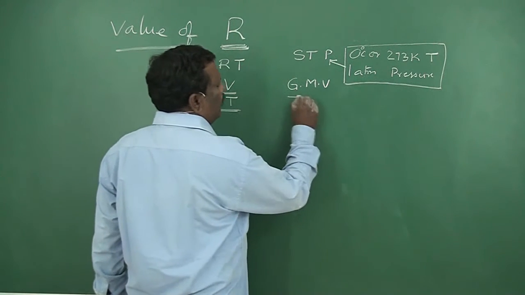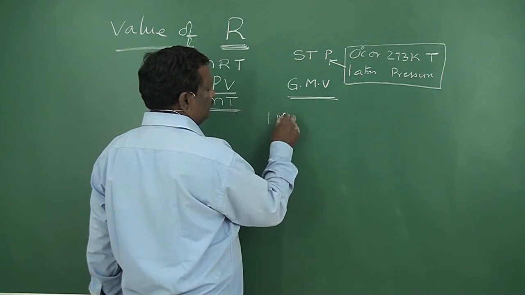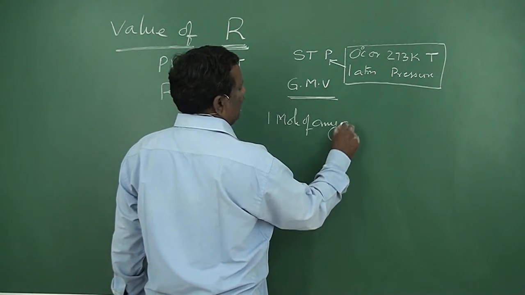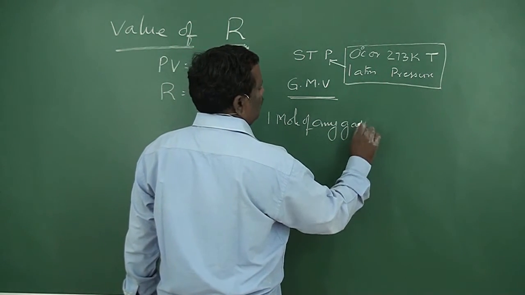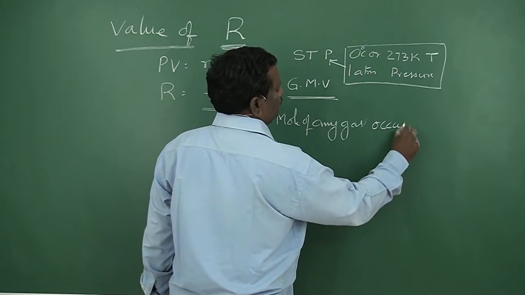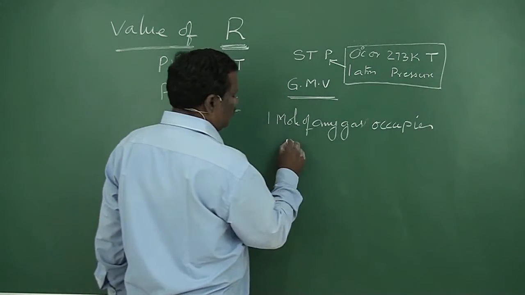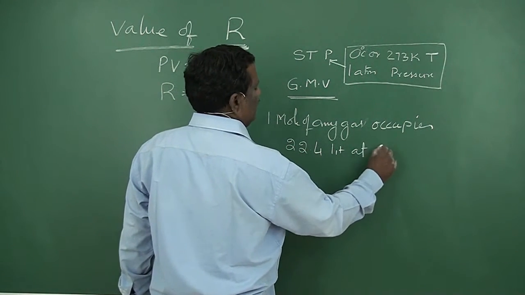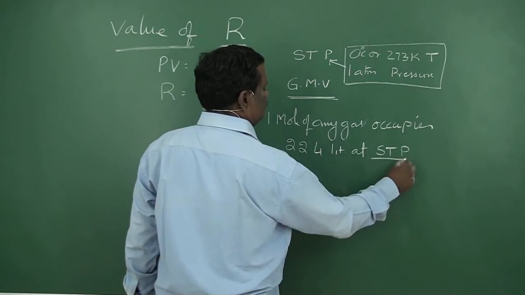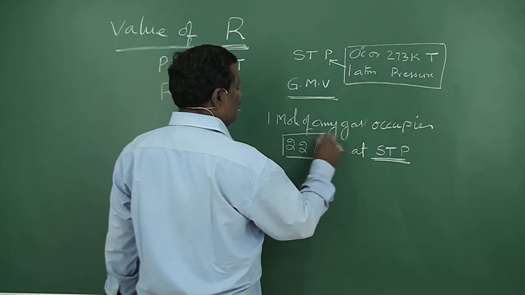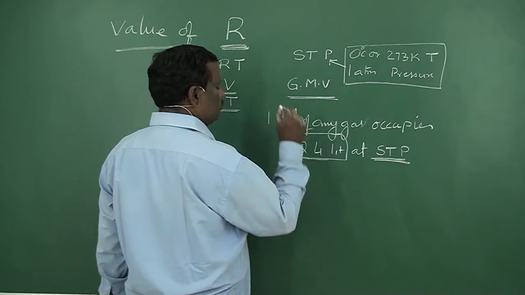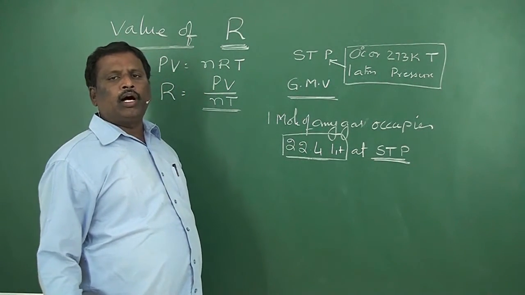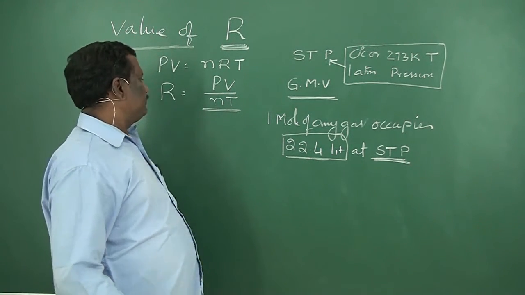So 1 mole of any gas occupies 22.4 liters at STP. This volume is said to be gram molar volume, GMV.